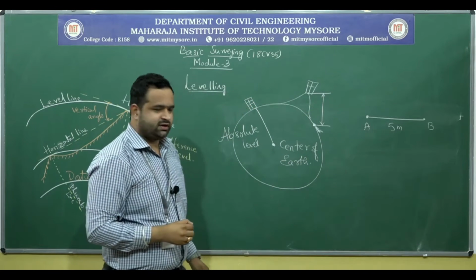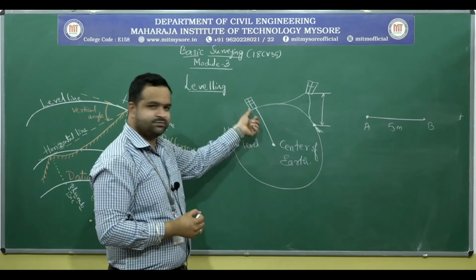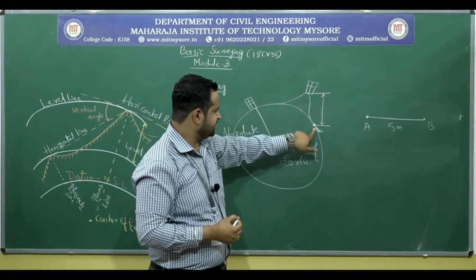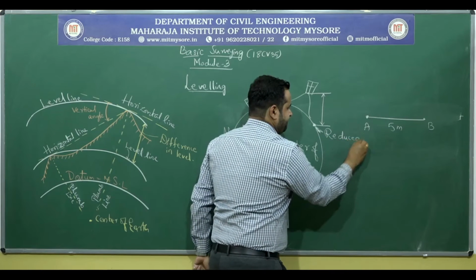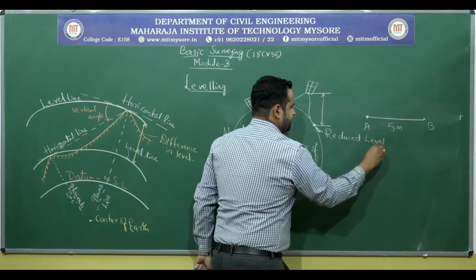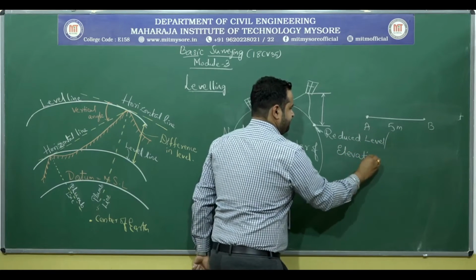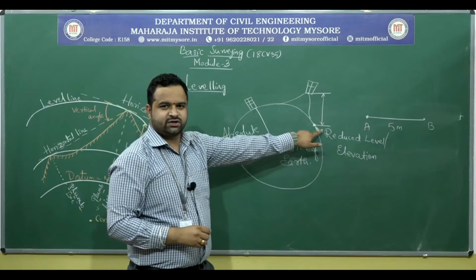So, what we are doing is we are reducing the level. This is called as absolute level. Now, we are taking this point as reference, so we can call it a reduced level, or it is also called elevation, right. So, this is a reduced level.